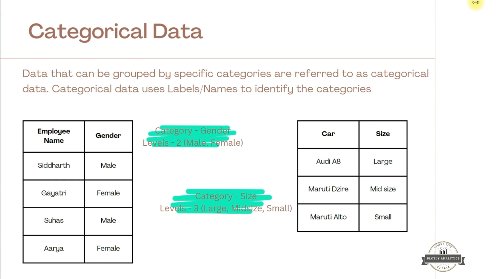So if you have a variable which you can categorize into distinct levels, then that variable is called a categorical variable. Now factors are helpful when you want to store a categorical variable, and factors will have a limited number of these predefined values called levels.